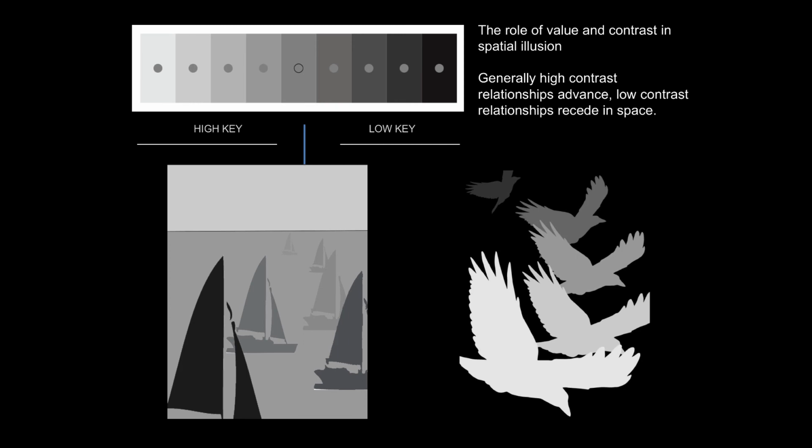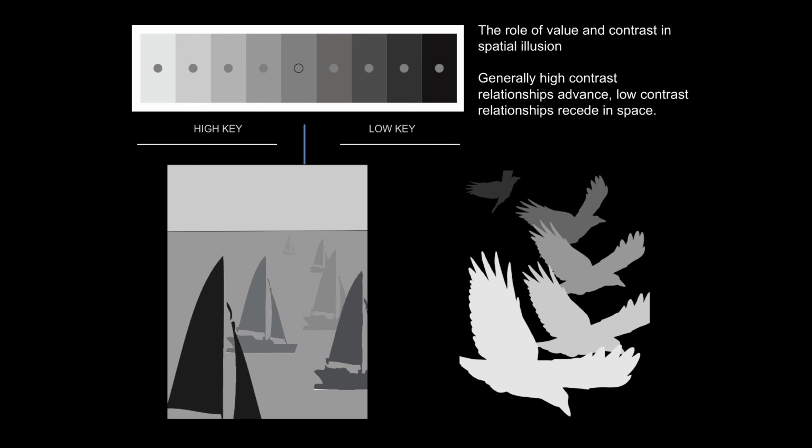So this is another thing, is that really contrast in relationship to value is what gives that illusion. So it can be done either way. If you look at the foreground of the boats, we have the dark black in the foreground, and it's contrasting the background. So the figure of the boat being black contrasted against the gray helps create this come forward.